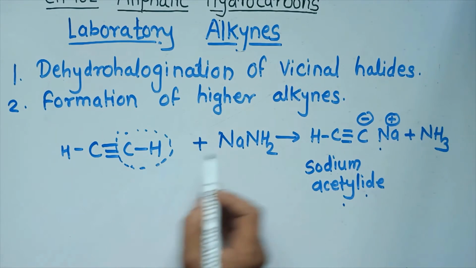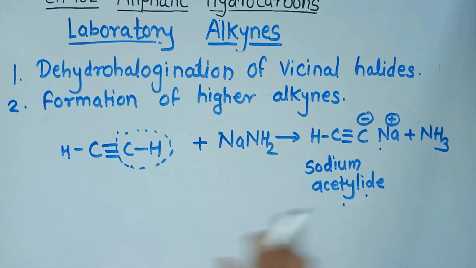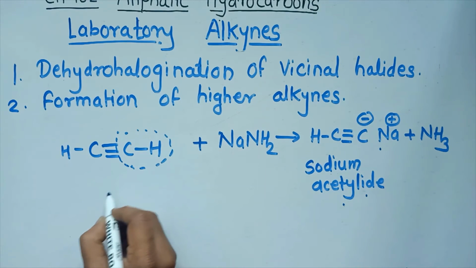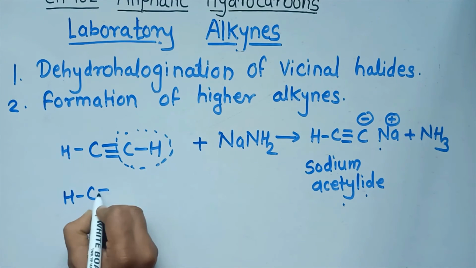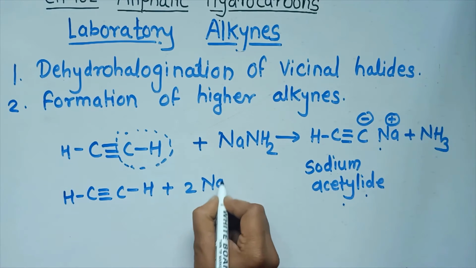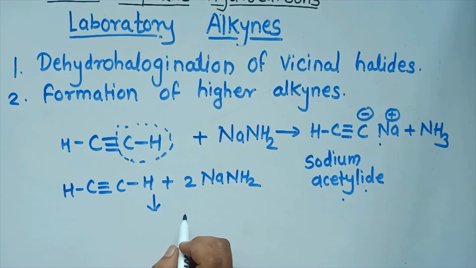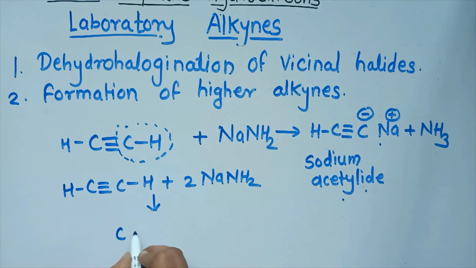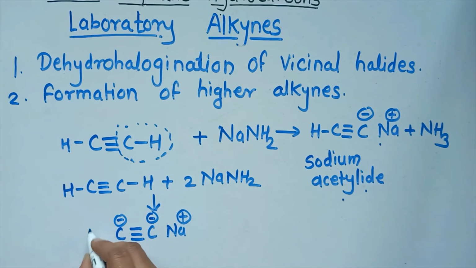If we use 1 mole of NaNH2, then sodium acetylide is formed, and if we use 2 moles of NaNH2, then there is a formation of a compound where 2 negative charges are formed and Na plus is present in the close vicinity.